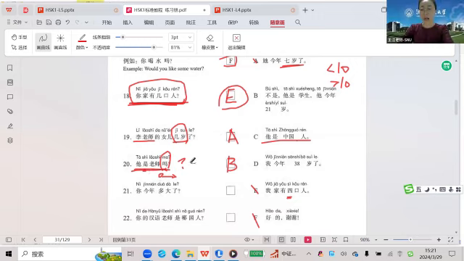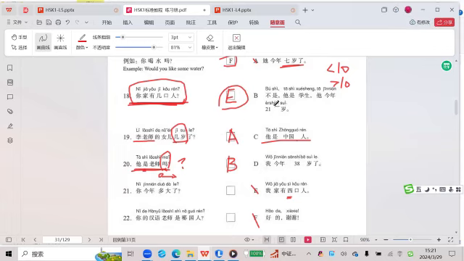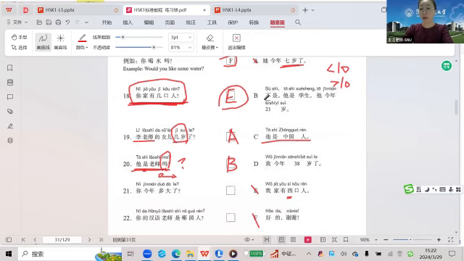他是老师吗？ Is he a teacher? 不是。 What's the meaning of 不是? 不是 is the negative form of 是.